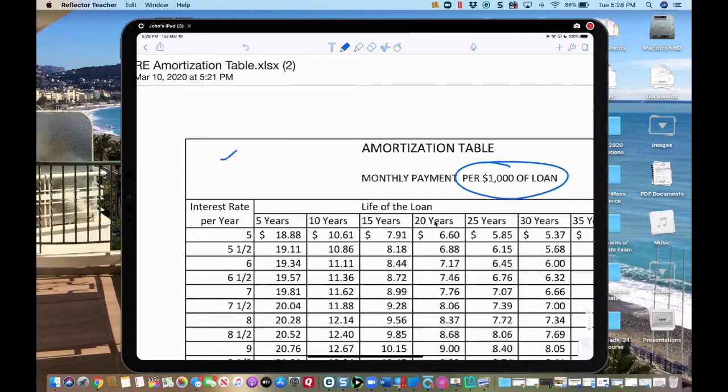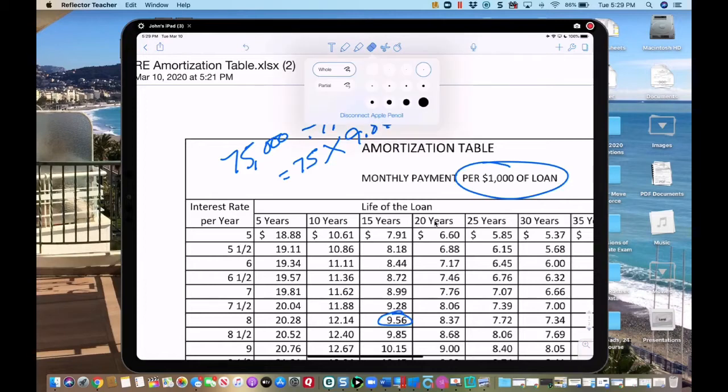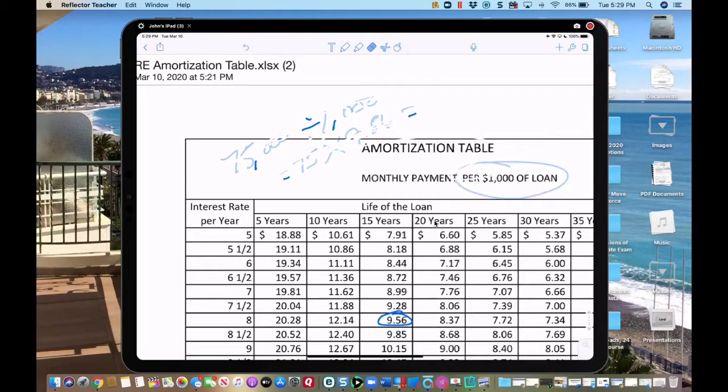So if it's a $75,000 loan, I divide that by 1,000, and that gives me 75. Then I come down here, find my number, and multiply that times the 956, and I'll be able to figure out what the monthly payment is. So these are really going to be free questions for you. You just have to take your time, figure it out, and everything should be fine.